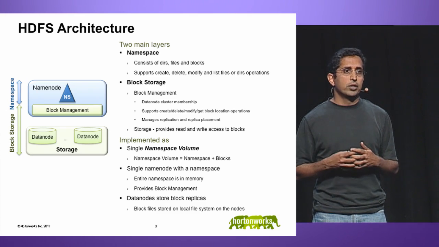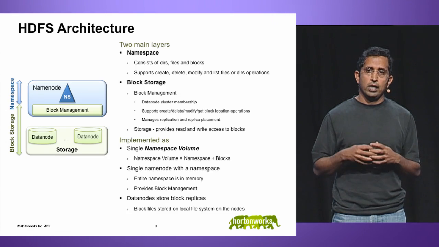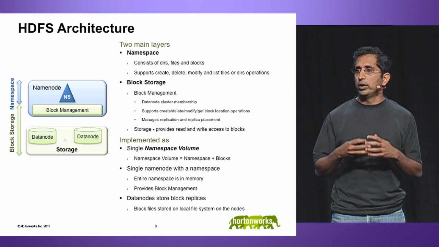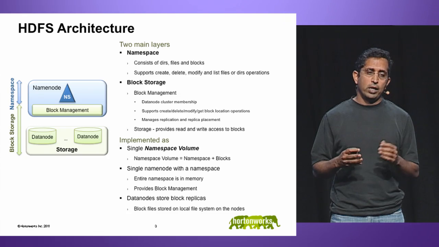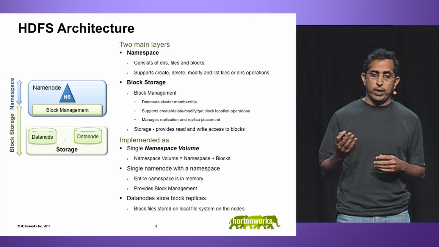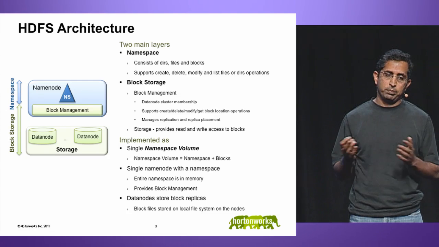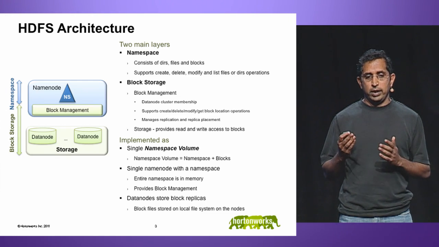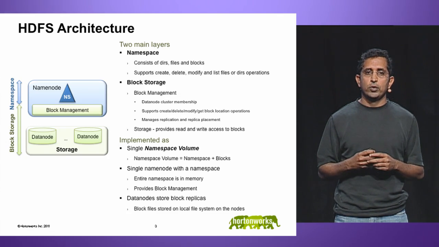Block management is also responsible for ensuring the replication of a block. So it ensures that if the replica count is below the replication factor of the file, it creates another new replica. It also removes over-replicated blocks by deleting extra replicas. The bottommost layer is the data nodes, which are used for storage.